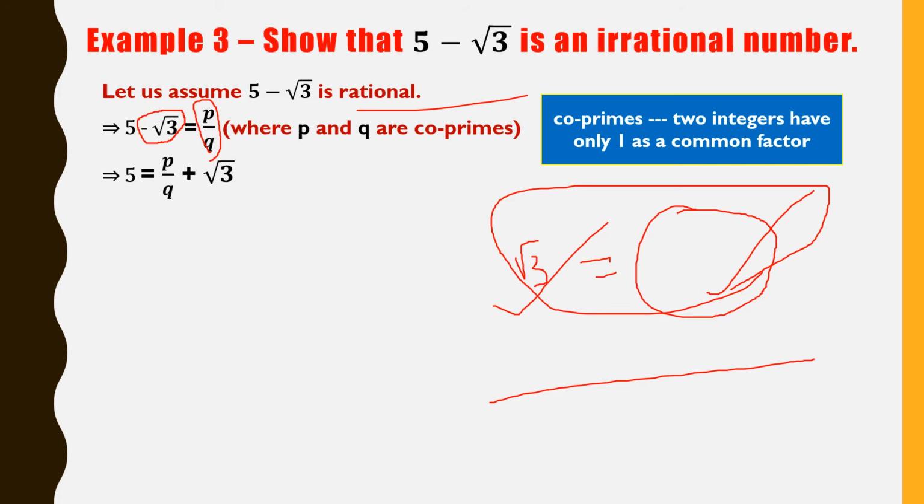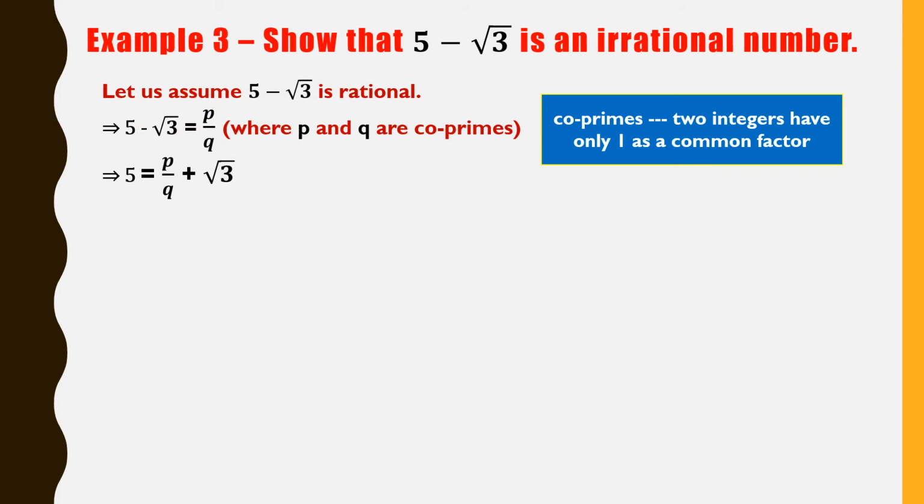Means to get root 3 on one side, it should be positive. Here it is negative, so to make it positive you should send it to the other side. When minus goes there, it becomes a plus sign. So now we got root 3 as positive. Our aim should be that the irrational number should be positive. Okay, we finished with that one.